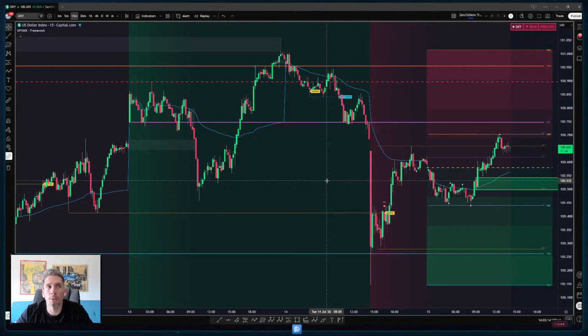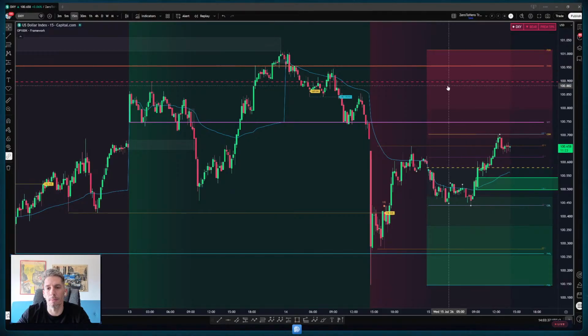The first and most important part when we are talking about how I trade is I always want to know what side of the market I want to be trading. So the first part is the trend. We are going to see here on the indicator that it's bearish. And until that changes, I want to look only for the short setups.